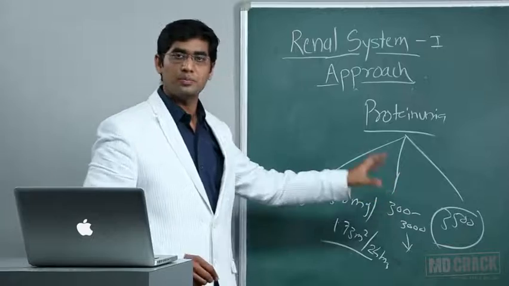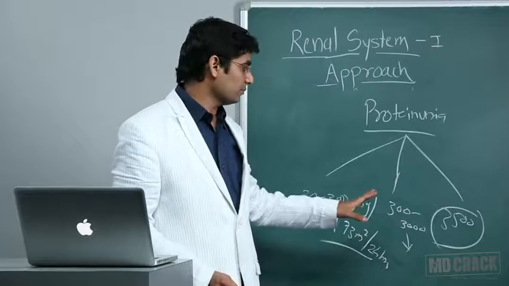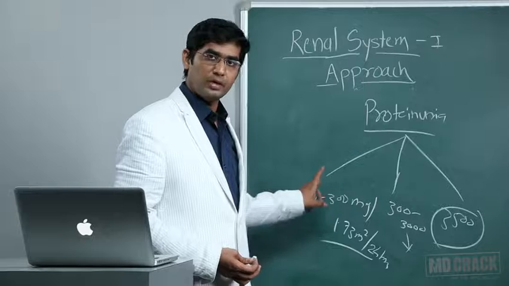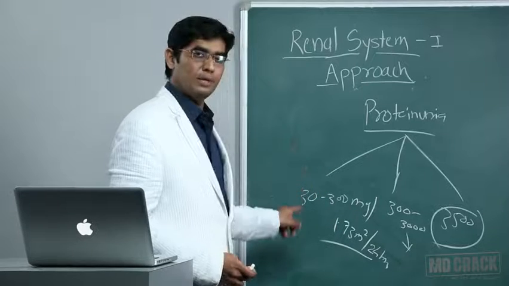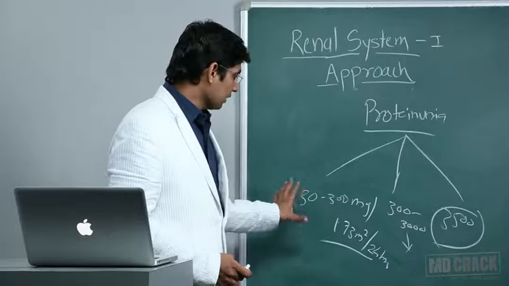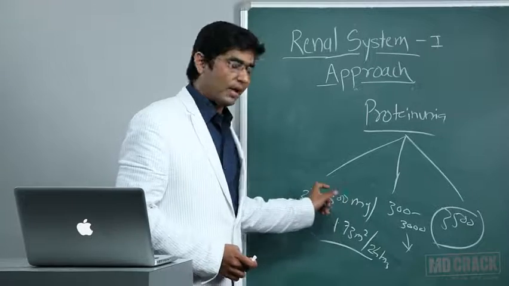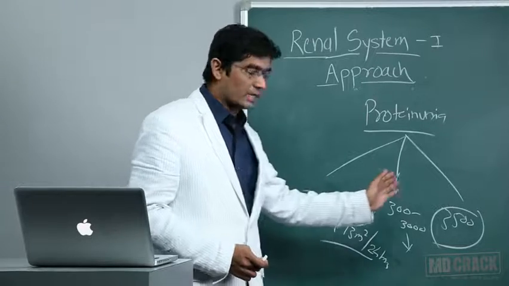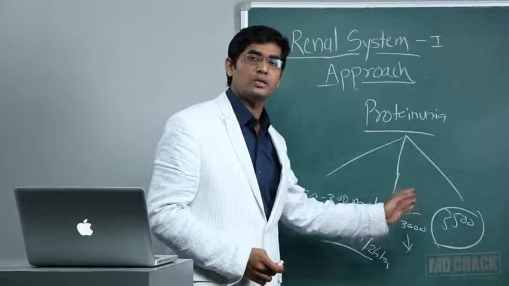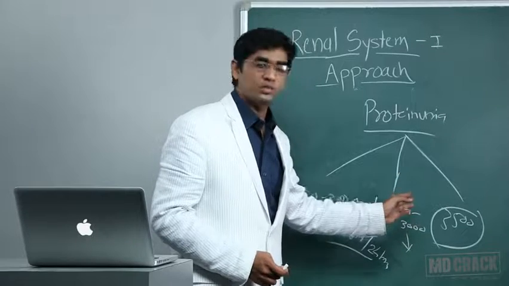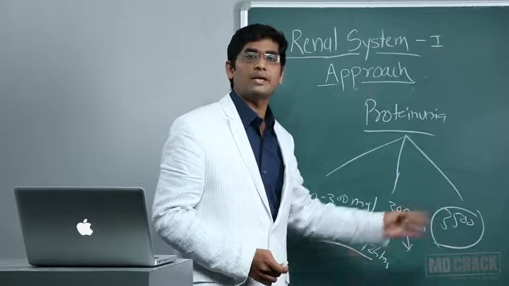So this is a very important MCQ asked many times in various types of exams. So for microalbuminuria, we have two MCQs. Microalbuminuria is defined as when the protein is between 30 to 300, and nephrotic range proteinuria is defined as when the protein or albumin secretion is more than 3500 milligram.